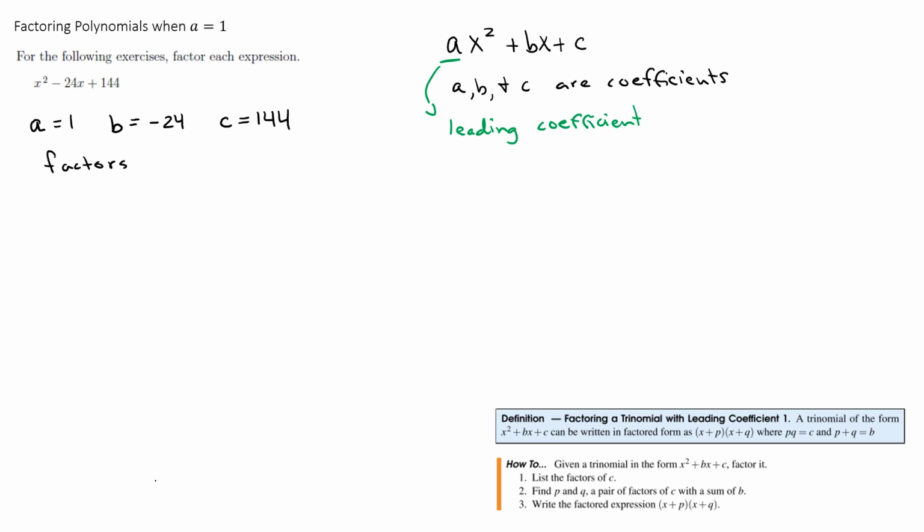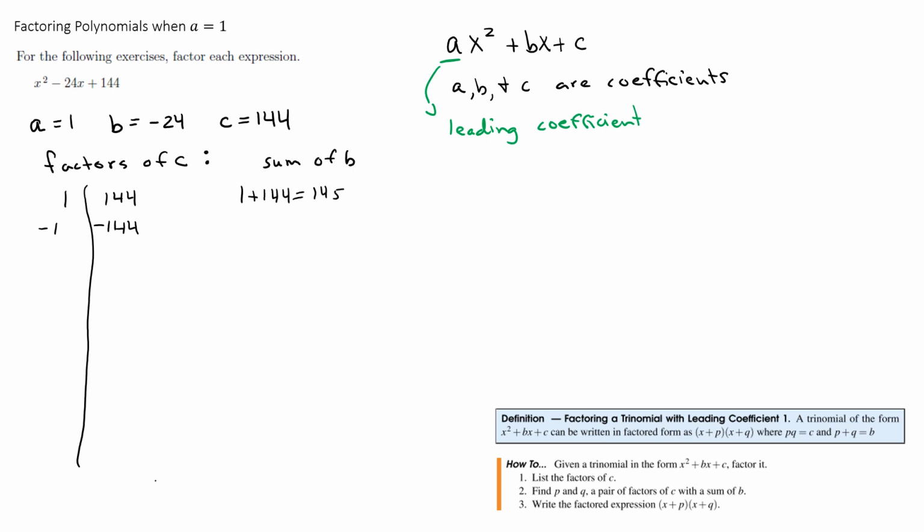As we're building this list, we also want a sum of b, and our b here is negative 24. If we add 1 and 144, that gives us 145. Negative 1 and negative 144 is going to be negative 145. And we can just continue this list as we go here.